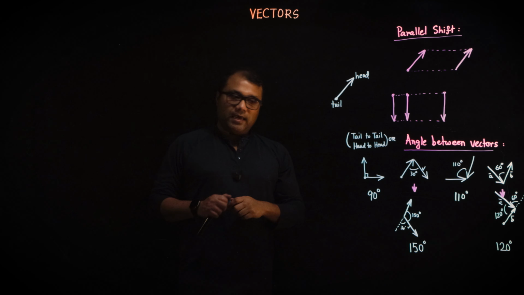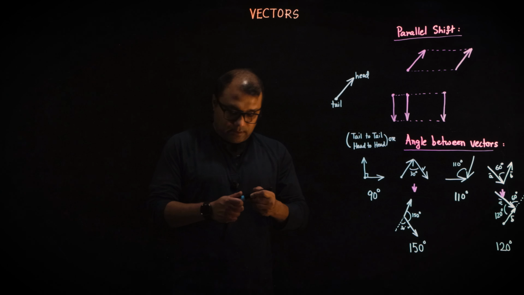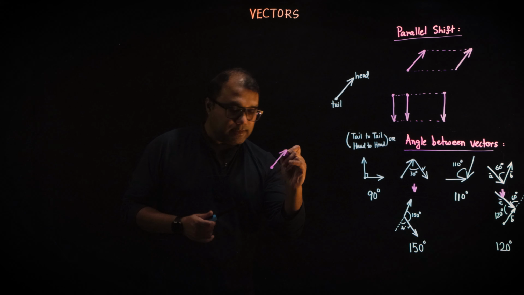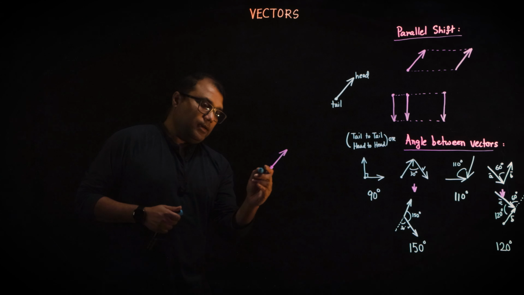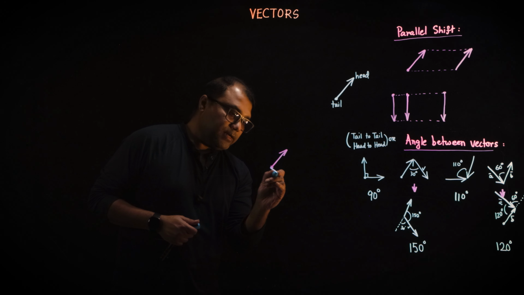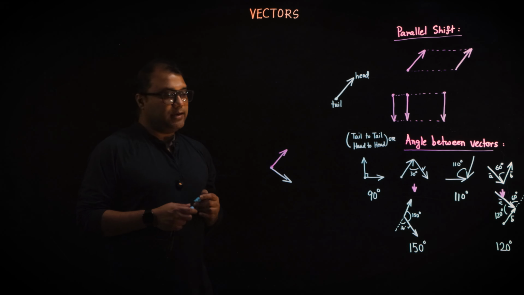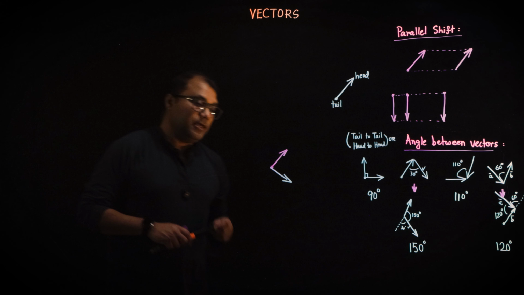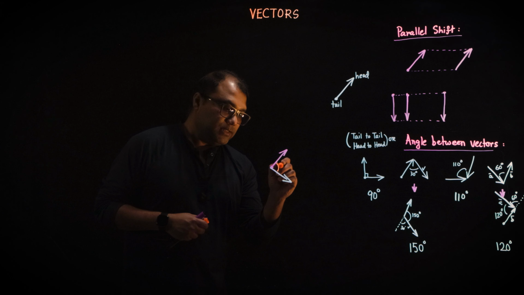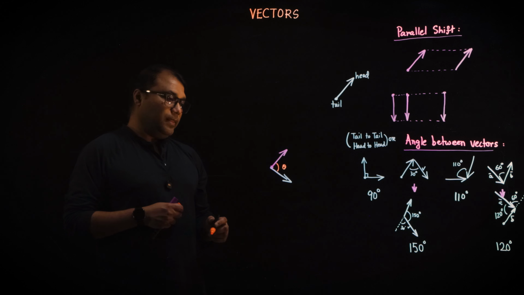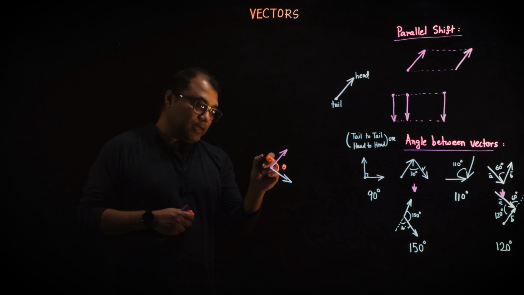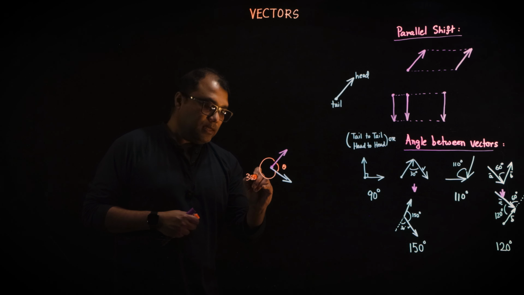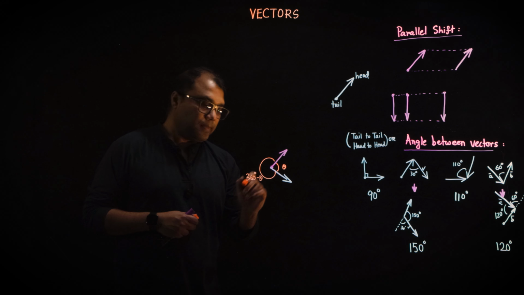Now another thing about angle between vectors, let's say we have one vector like this and another vector connected tail to tail like this. Now obviously these two vectors make two angles. One is theta, the angle between them, the smaller angle. The other angle is this outward angle, which is 360 degrees minus theta.